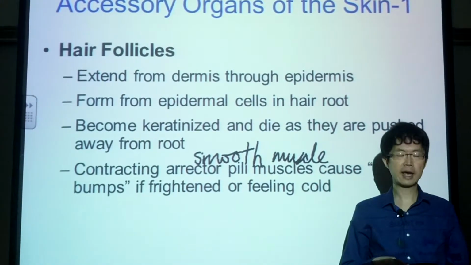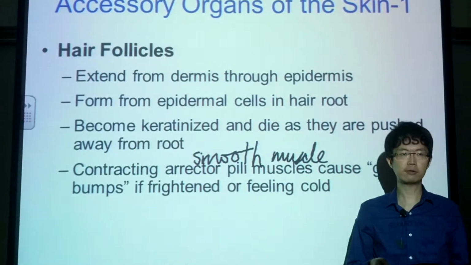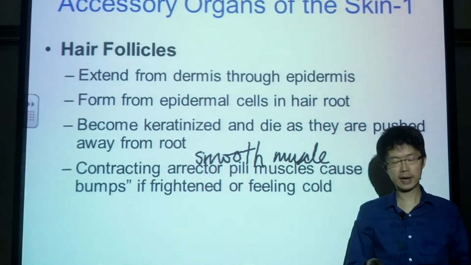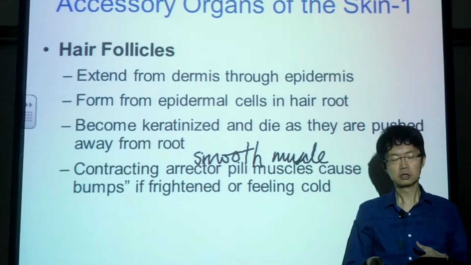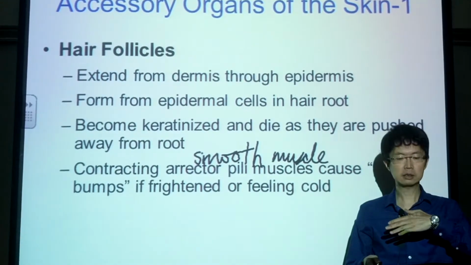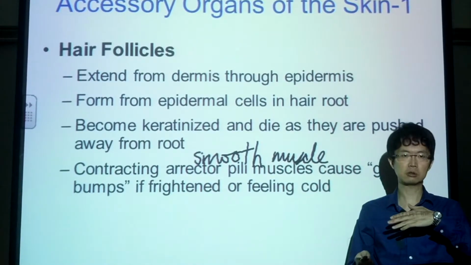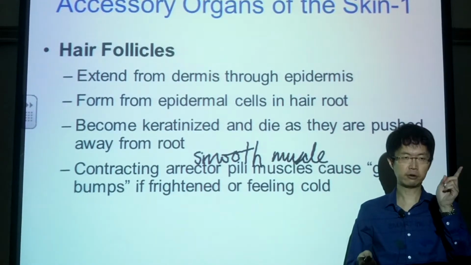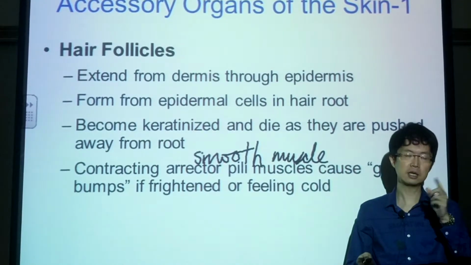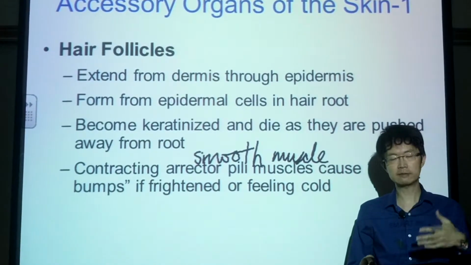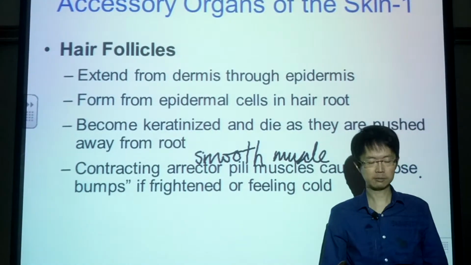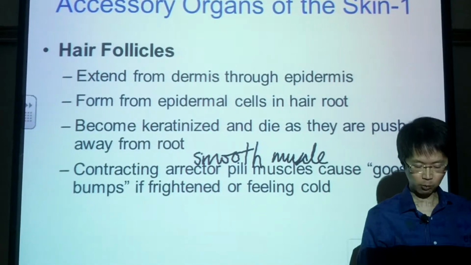But because animals and birds have a lot more fur, a lot more hair, a lot more feather, when the erector pili muscle contracts to erect the fur, hair, or the feather, they can effectively trap a lot more air to insulate their body temperature, to keep them warmer.